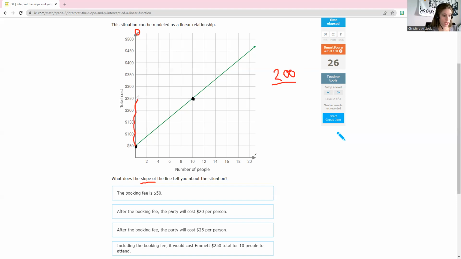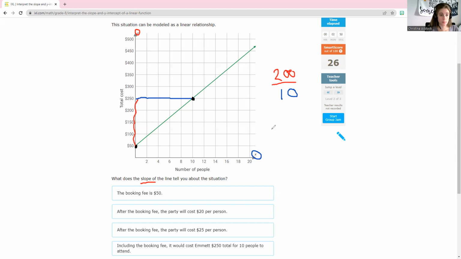And then our change in x, look and see what that's counting by. Our x's are counting by 2s. So every time I go over a block, I'm counting by 2s this time. So 2, 4, 6, 8, 10. Let's simplify that. 200 divided by 10 would be, oops, I don't know for sure if it's $20 yet, so I better not jump the gun.